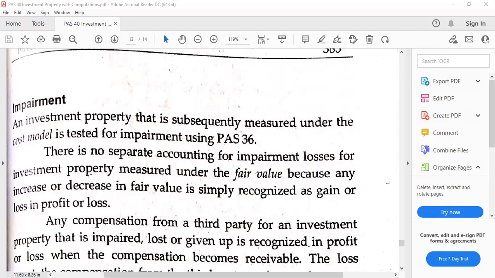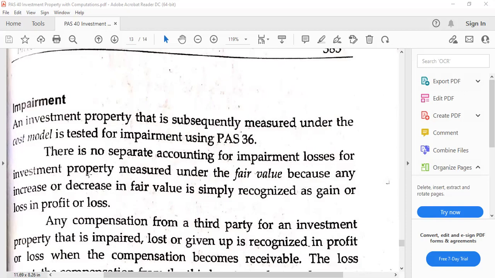Number 2, it should be that the property or non-current asset is not valued and presented using the fair value method or approach or model. So investment property using the cost model is to be tested for impairment, and in case the recoverable amount is lesser than the carrying amount, or the opposite, the carrying amount exceeds the recoverable amount, then that would result in impairment loss.